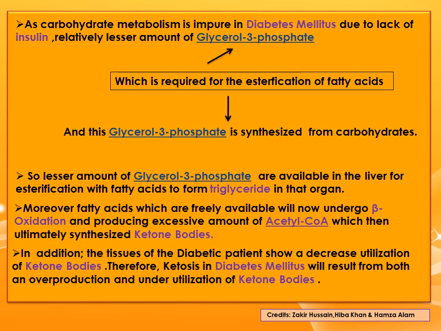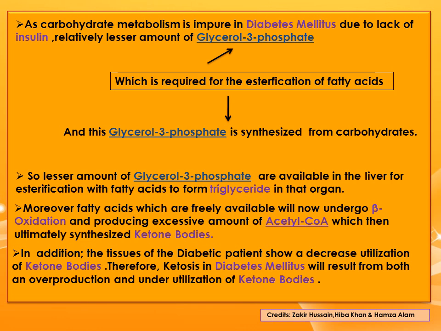From carbohydrate. So lesser amounts of glycerol 3-phosphate are available in the liver for esterification with the fatty acid to form what? Triglyceride in that organ. Thus, more of the freely available fatty acid will now undergo beta oxidation, producing excessive amounts of acetyl-CoA, which then ultimately synthesize ketone bodies.